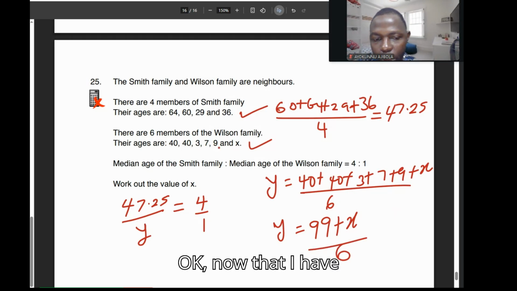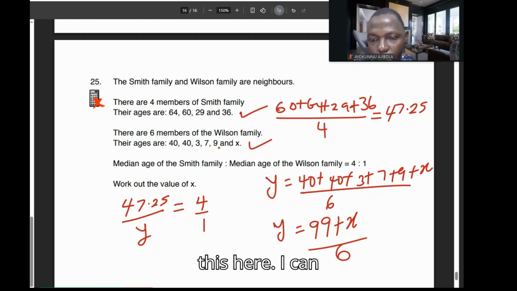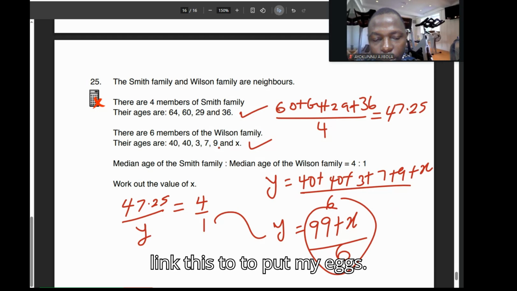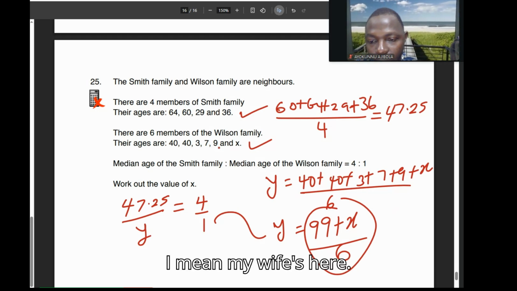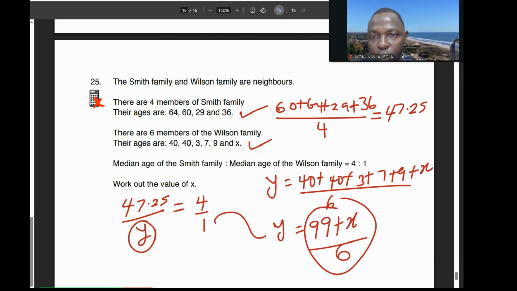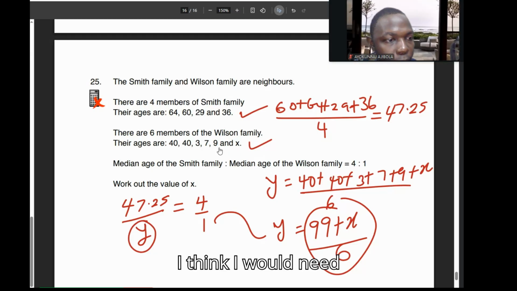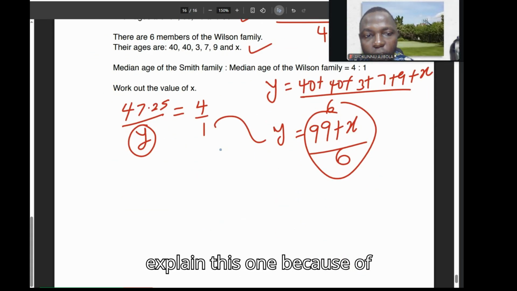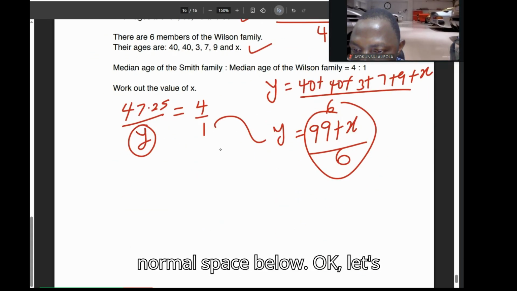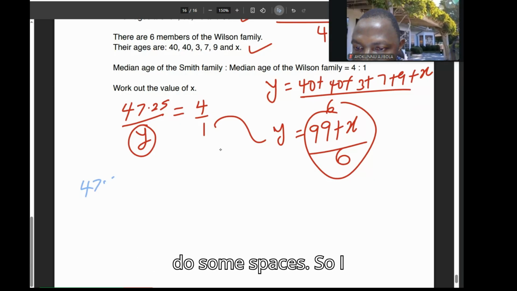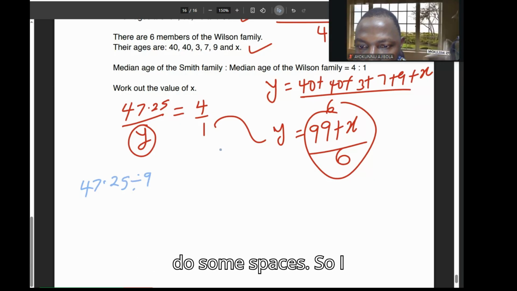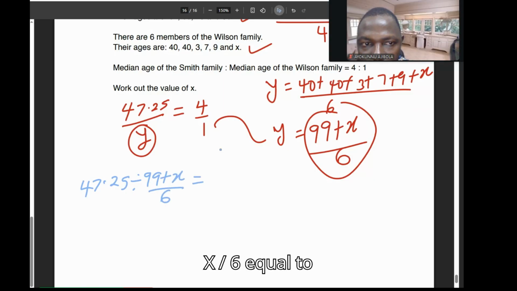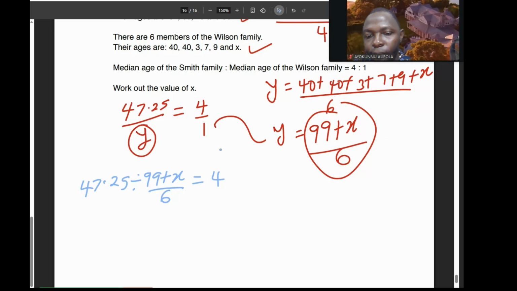Okay, now that I have this here, I can link these two to put my x, my y here. I think I will need this top space here to explain this one because of no more space below. Okay, there's still some space. So I have 47.25 divided by 99 plus x over 6 equal to 4 over 1.